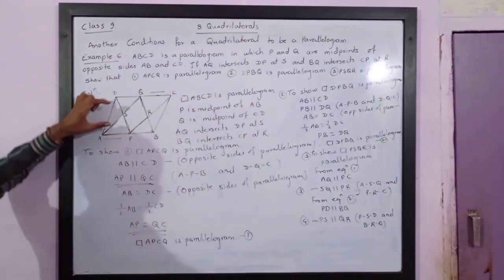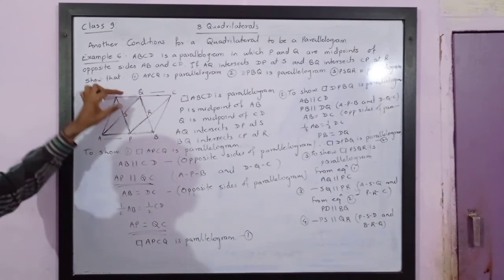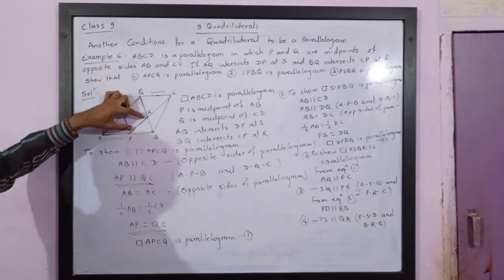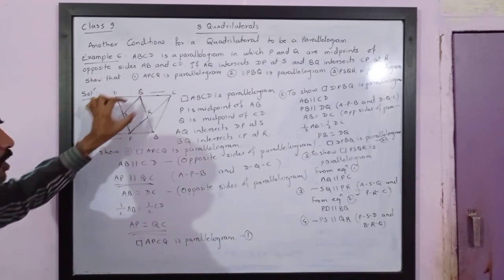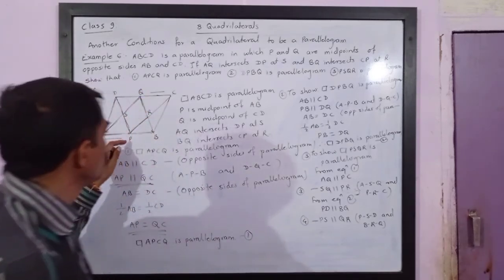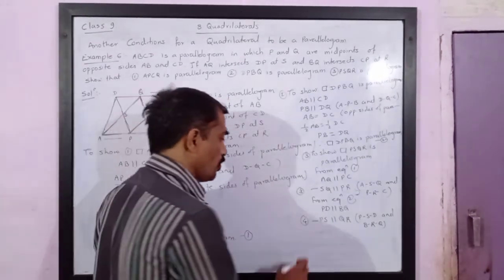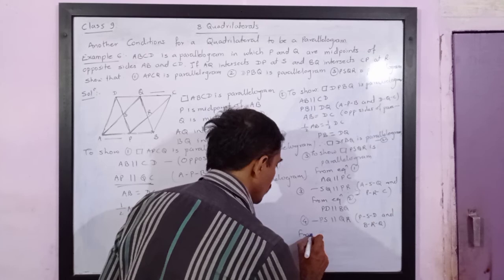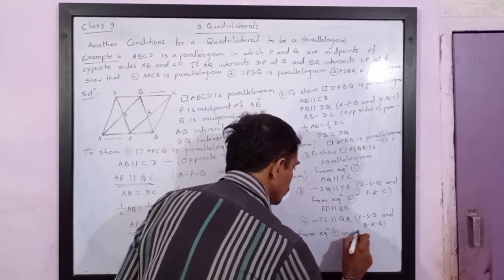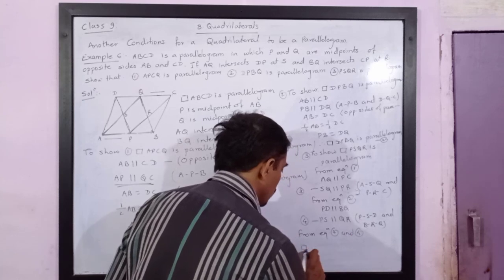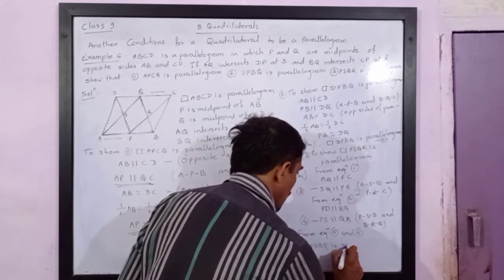SQ is parallel to PR and SP is parallel to QR. Opposite sides are parallel, so PSQR is a parallelogram. So from equations 3 and 4, quadrilateral PSQR is a parallelogram.